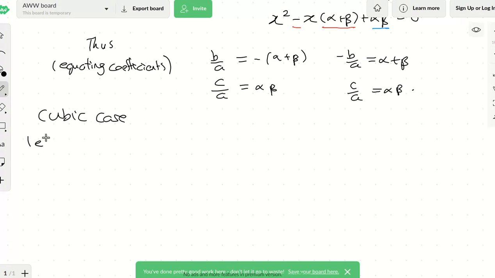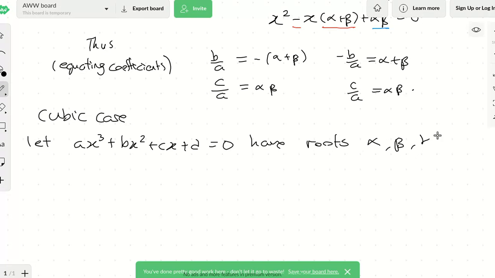Okay, let ax cubed plus bx squared plus cx plus d equals 0 have roots alpha, beta, gamma. If it's got those three roots, then we could write it in two different ways. We could write the cubic unfactorized or multiplied out like this.